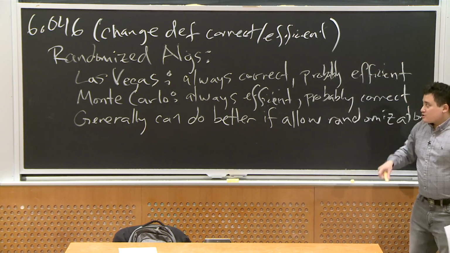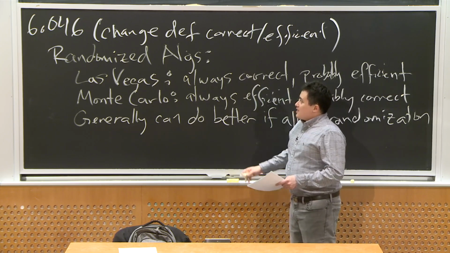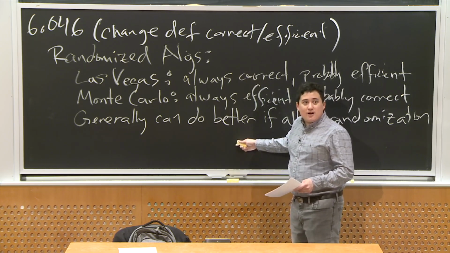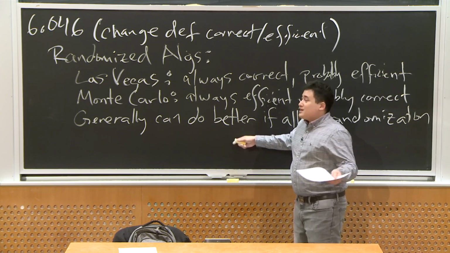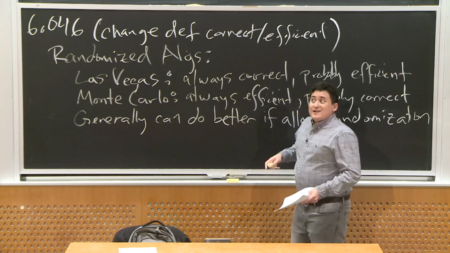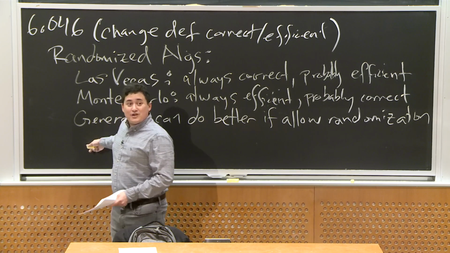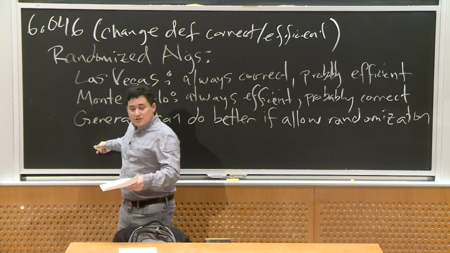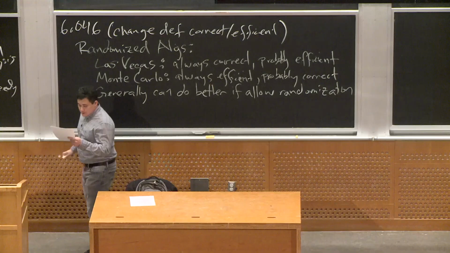Okay? So this is a big area in 046 that requires a lot more analysis using randomness and probability. So if you need some primers on that, we didn't have a lot of this in 006, but if you go on to 046, that's going to be a really important thing for you to brush up on.